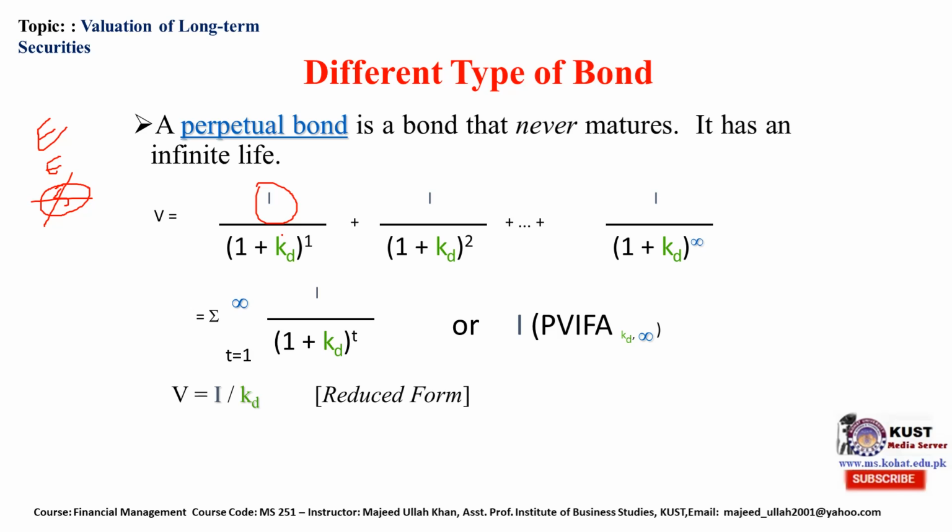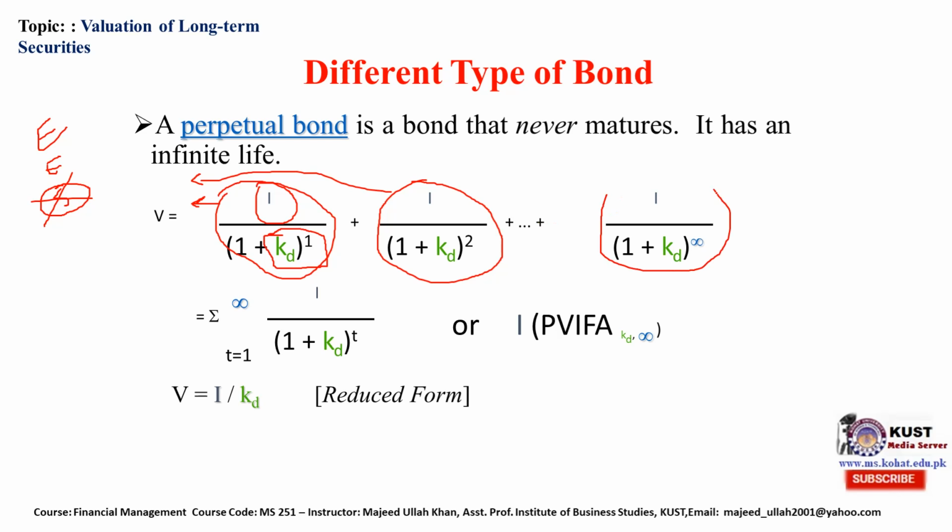So that is your discount rate, used as the interest rate in the time value of money. You will get the present value of the first year's interest. Then the second year's interest is discounted by your required rate of return to get its present value. Then you move on towards infinity.